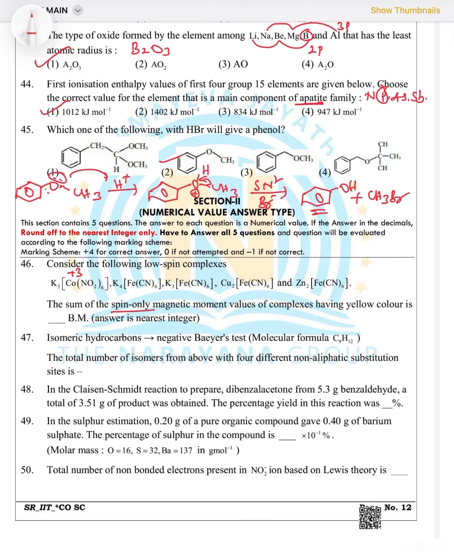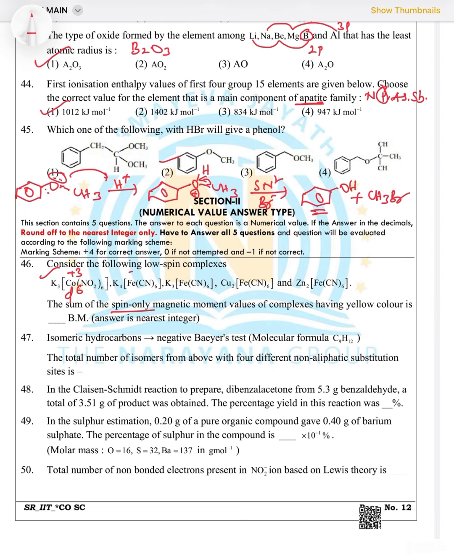Cobalt is 4s2 3d7, 3 electrons are lost, so the d orbital has 6 electrons. And a yellow colored complex is formed by this compound.